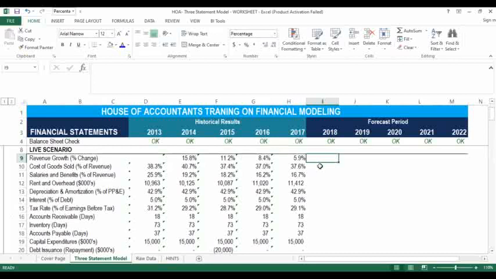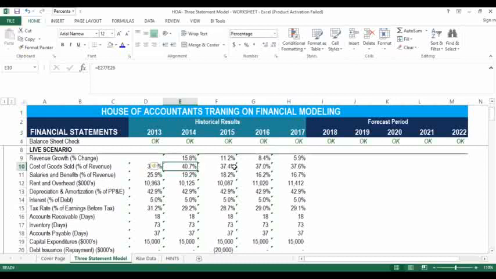Then we look at the cost of sales. The cost of sales is increasing, or let's say in 2013 it increased, in 2014, but from 2014 it is kind of stable.